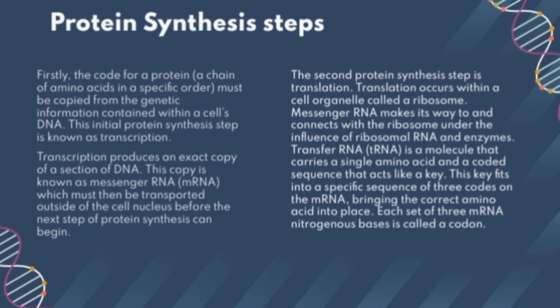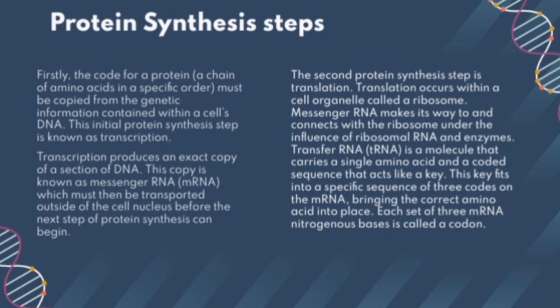The second protein synthesis step is translation. Translation occurs within a cell organelle called the ribosome. Messenger RNA makes its way to and connects with the ribosome under the influence of ribosomal RNA enzymes.